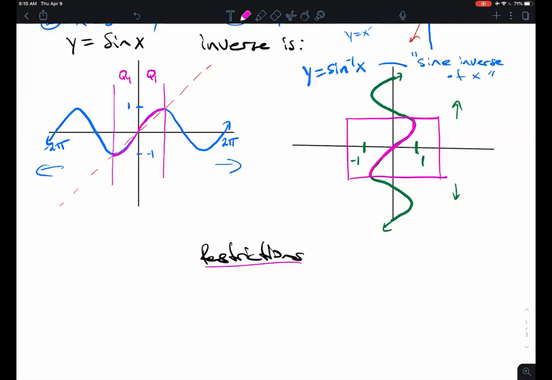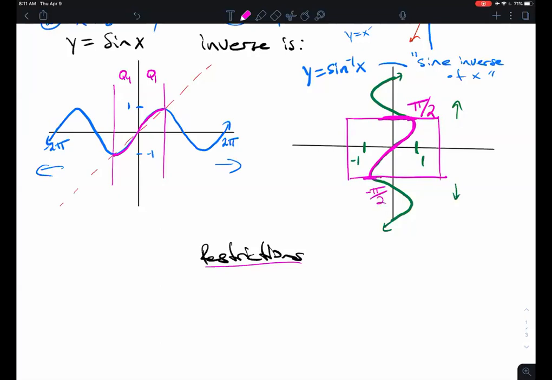Now we said that the domain is from -1 to 1. Based on what we've done and what we've said, what does that imply the range is? What is this top value? This top of the box? Pi over 2. Good. Pi over 2. And similarly down here, -pi over 2.